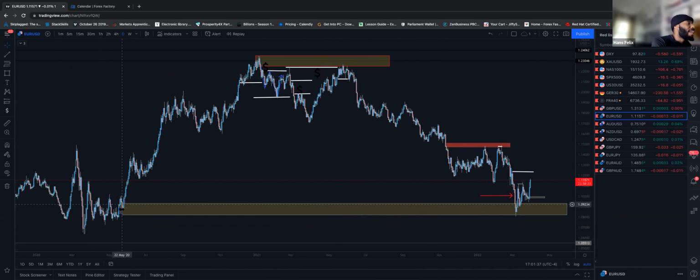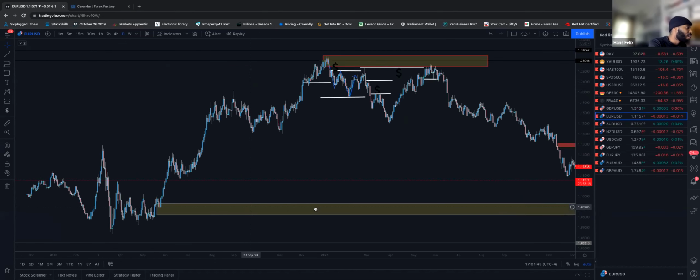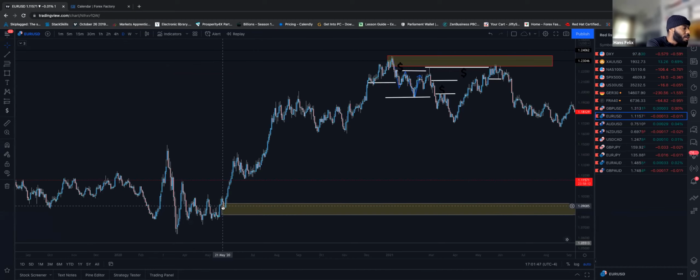If you're looking at a demand zone, that is typically a base, a low point in the market, where we can see clearly that from here there started to be a shift. There was a shift that started moving the market to the upside.